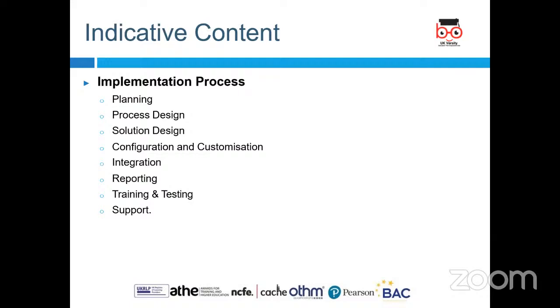After introducing them, now we're going to look into the implementation process. We're going to look into the system life cycle of a business intelligence system, which is structured like every system life cycle: planning, process design, solution design, configuration and customization, integration, reporting, training and testing, and support.